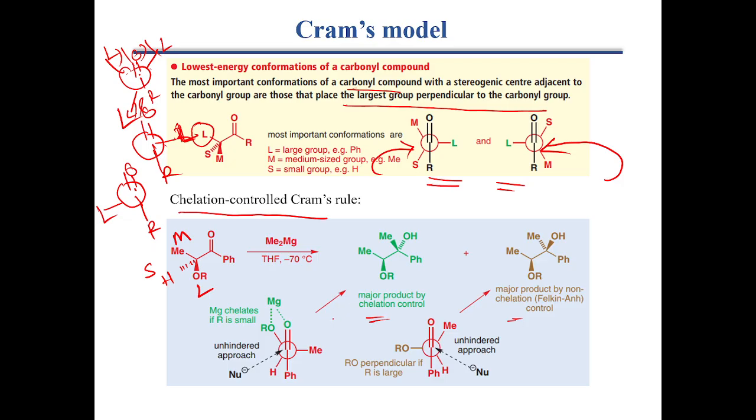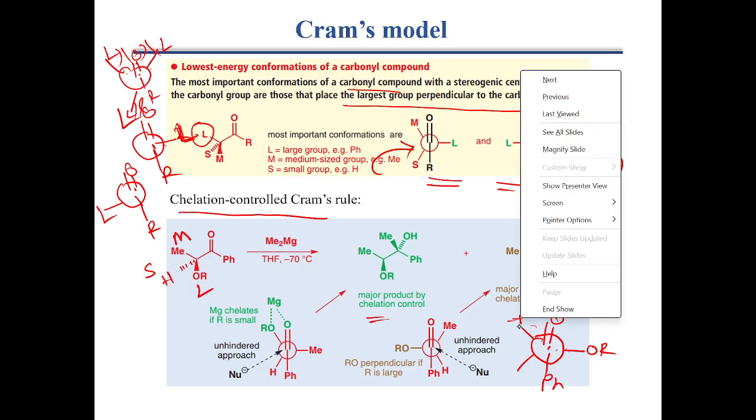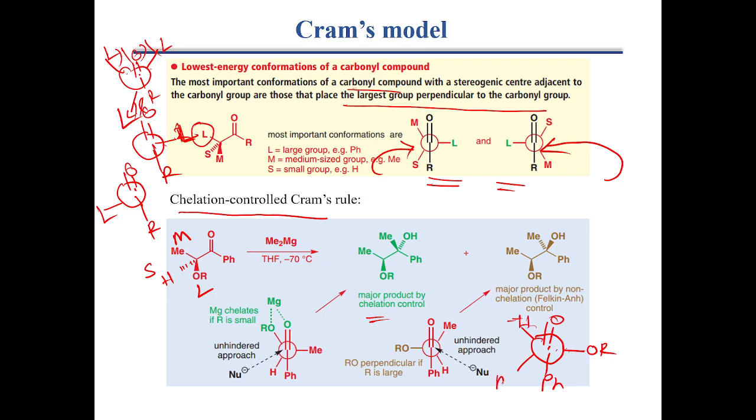So why is this the major product? This happens through chelation control. First, if we consider Cram's model, the large group should be perpendicular to the carbonyl. So either this way, the large group is over hydrogen, methyl, or this conformer. So either this side or this side.